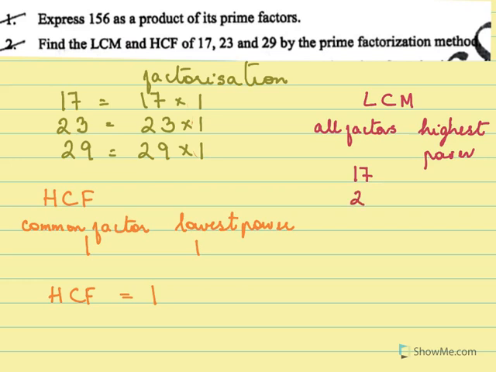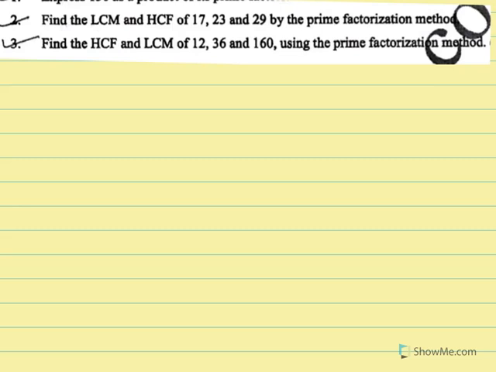All factors are 17, 23, 29, 1, 1 and 1. So your LCM will be 17 raised to 1, 23 raised to 1, 29 raised to 1. In fact, it's a product of all three, and this is 11339.